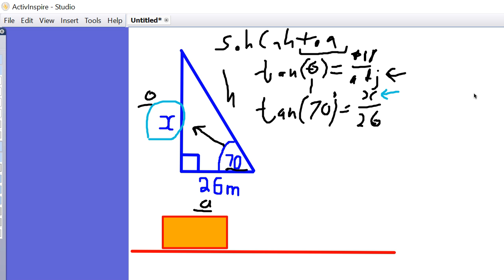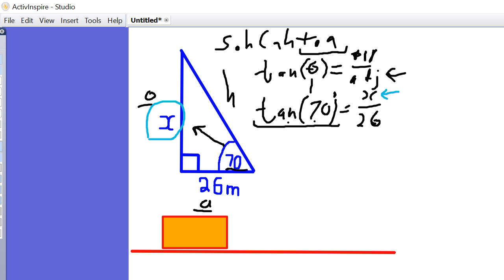Now you might want to grab your calculator, because when you've got an angle with a sine, cos or tan in front of it, this is actually just a number in disguise. You can check that by pressing tan 70 on your calculator and you'll find it's just the number 2.7. We don't need to find that yet.